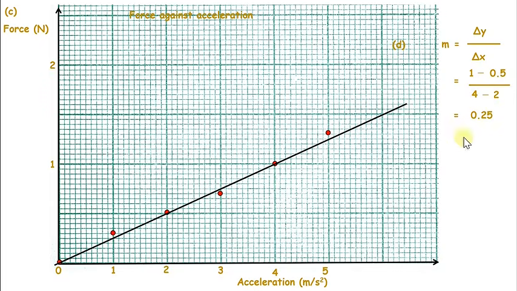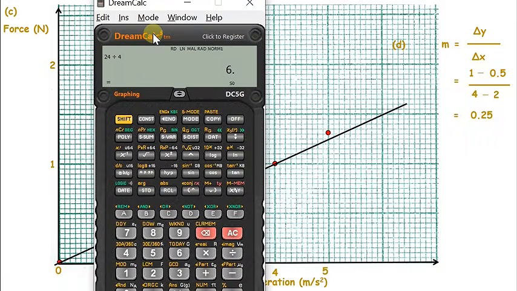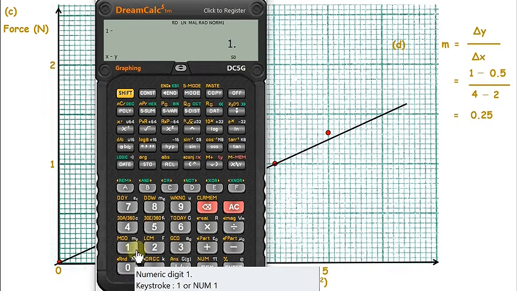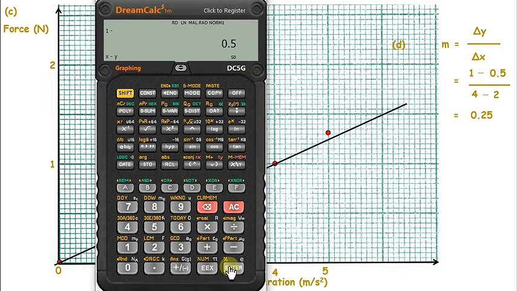So what I did, I already found the answer. This is the gradient, in fact. So I did 1 minus 1.5, which I got 0.5, then I said 4 minus 2, 2, then 2 into 0.5 there, I got 0.25 there as the gradient.